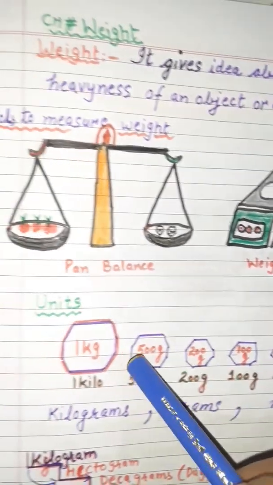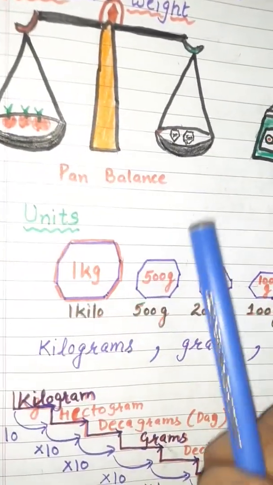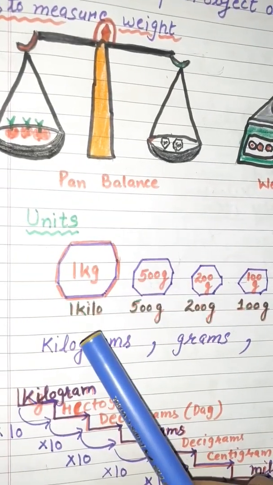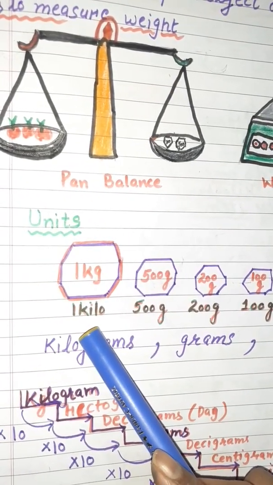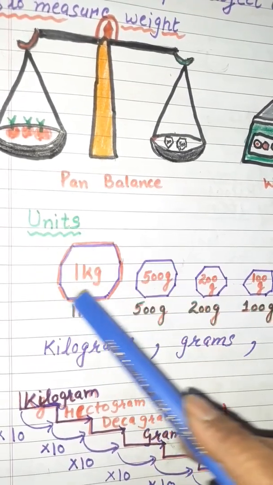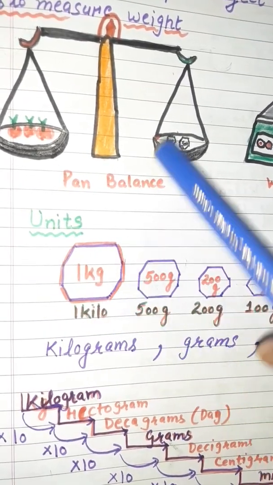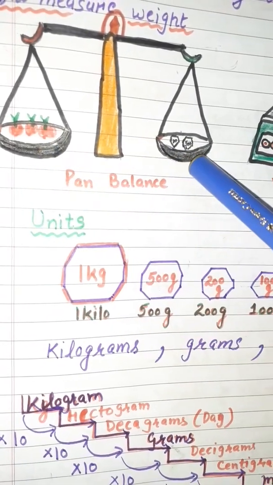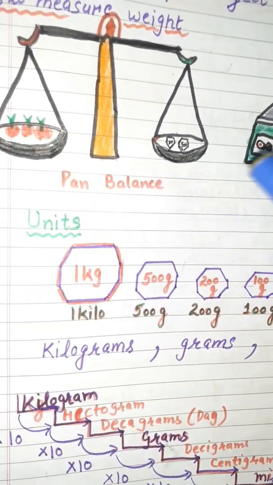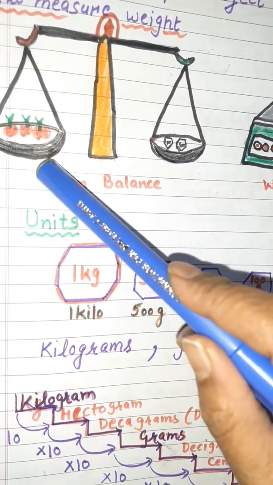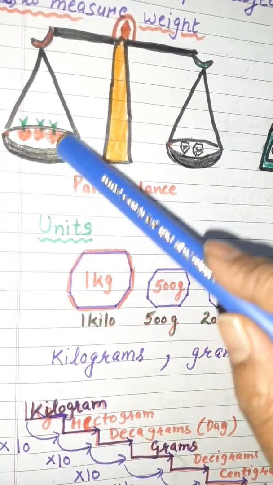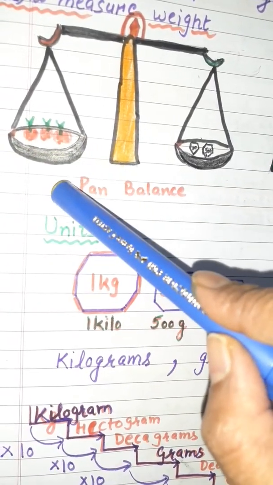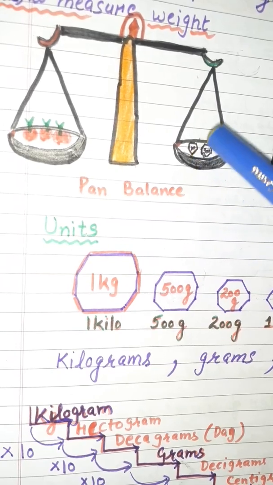Now the different units of weight are, we have here kilograms, 1 kilogram, this is the iron weight. Okay, so the shopkeeper uses this iron weight in the pan balance. In a pan balance, if the item is heavy, the heavy side will go down and the lighter one comes up.